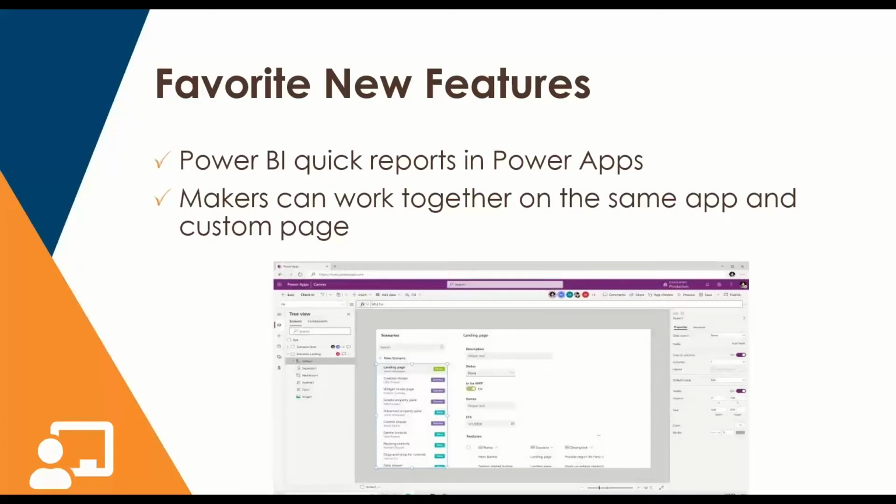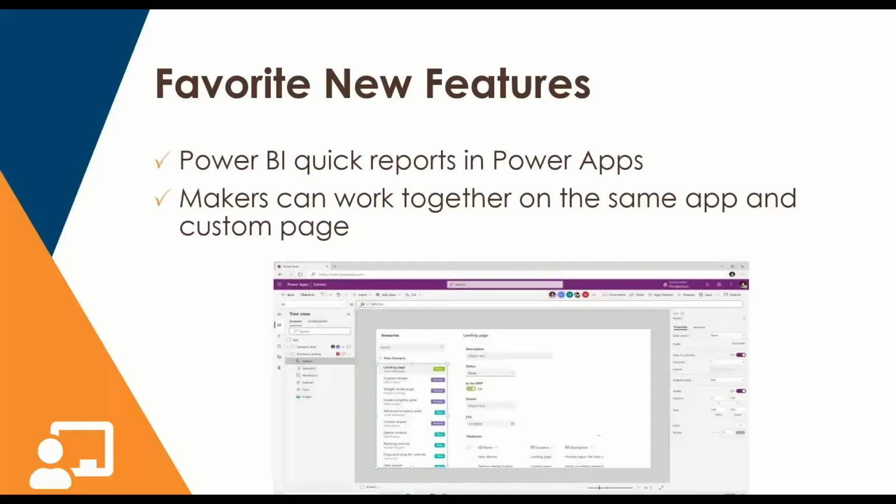The second new feature that was a favorite would be makers can now work together on the same app and custom page. If you've worked in any other Microsoft tools, you may know that collaboration is a huge aspect of a lot of them. For example, in Microsoft Office, you can work collaboratively on a document at the same time.